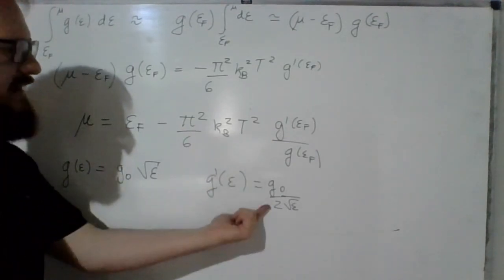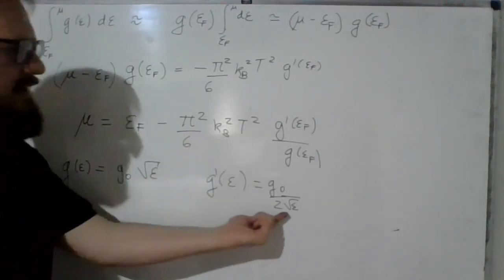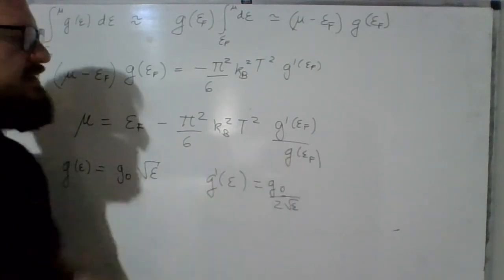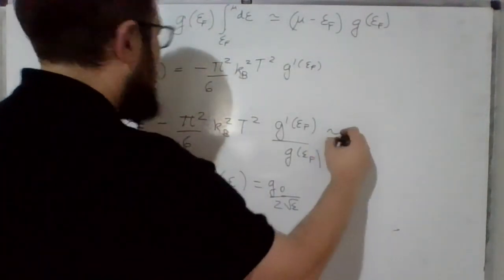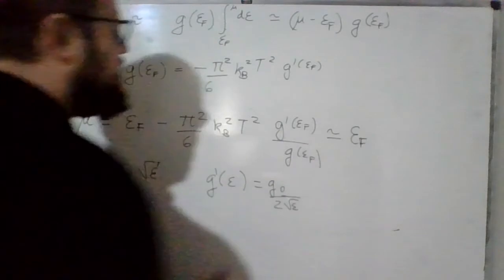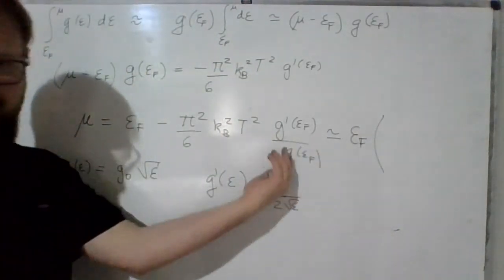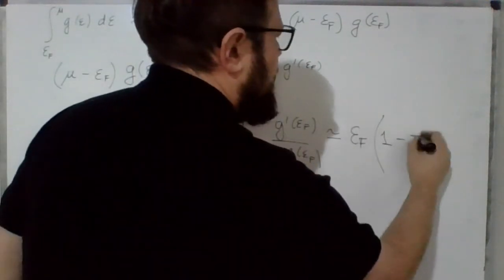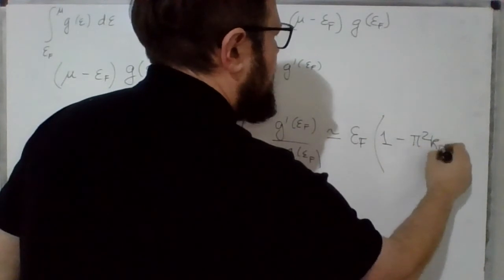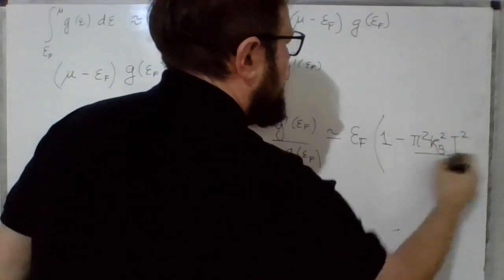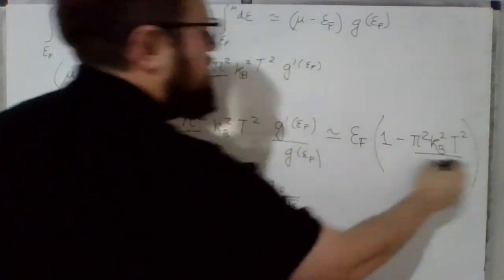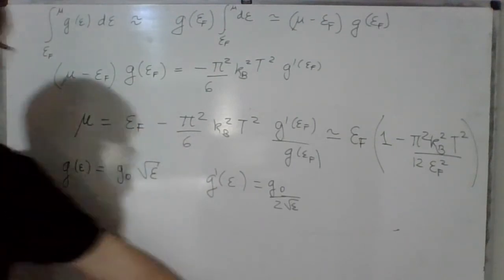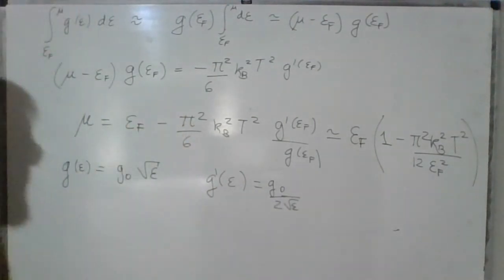You will have a factor of 1/2, and the square root of the energy at the Fermi level multiplies the square root of the energy here. So we will have something approximately given by the Fermi level times, if you put the Fermi level into evidence, 1 minus pi squared Boltzmann constant squared, temperature squared, divided by Fermi level squared, and the factor of 12 here, because 1/2 times 1/6 produces that.